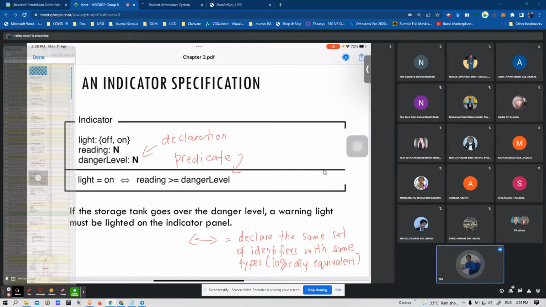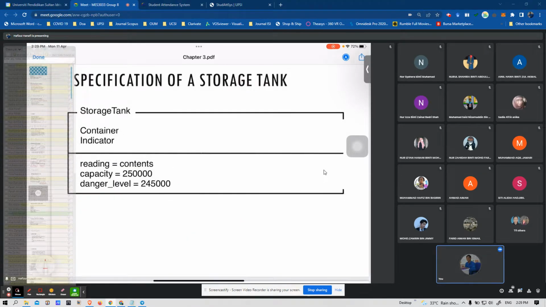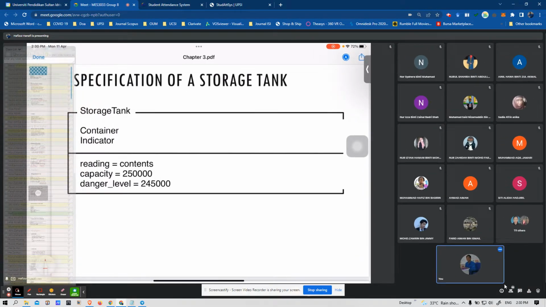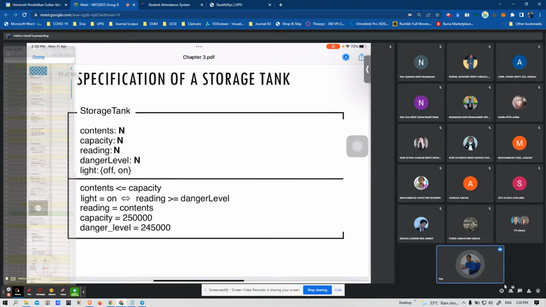Okay, and then we have a storage tank. We have container indicator, and then reading equal to content capacity. This one is the reading, and then the level is 245,000. Okay, and then the content is n, natural number, capacity, reading n, danger level n, and then we have light on, and then we have content is less than or equal to capacity.